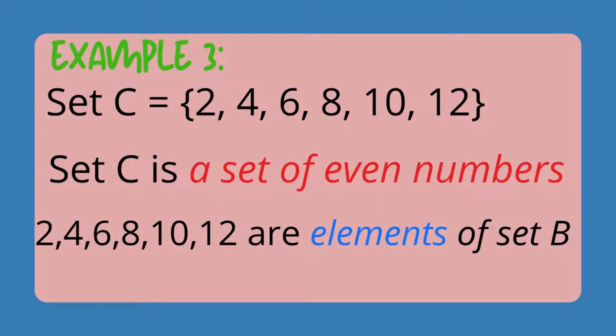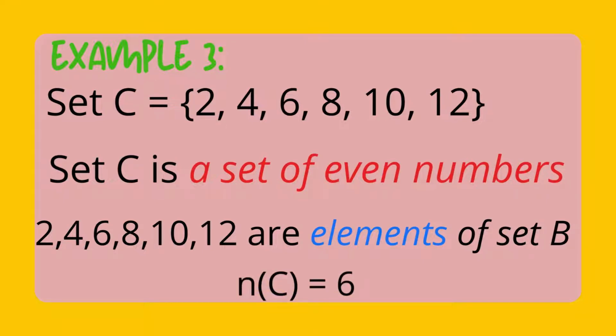So 2, 4, 6, 8, 10, and 12 are the elements of set C. How about its cardinality? How many elements are in set C? Will you count? We have 1, 2, 3, 4, 5, 6. So therefore the cardinality is 6.